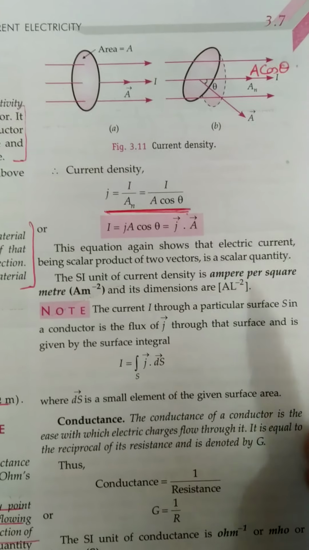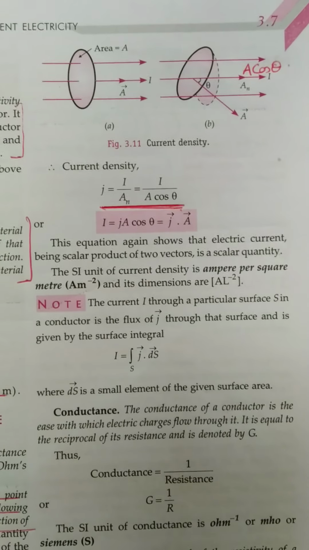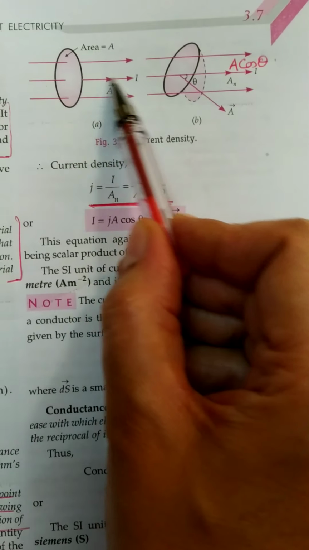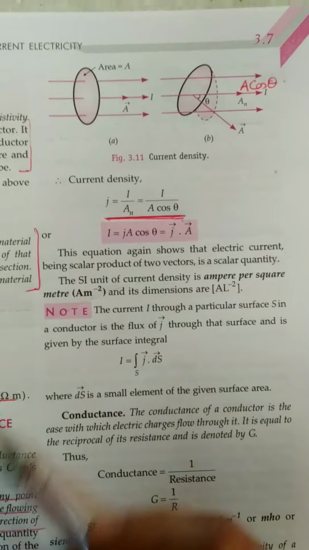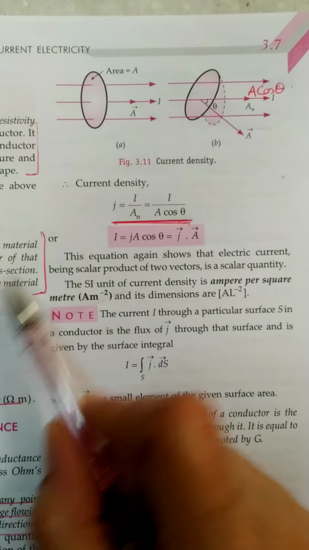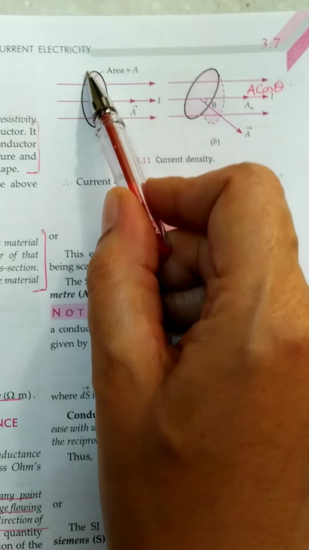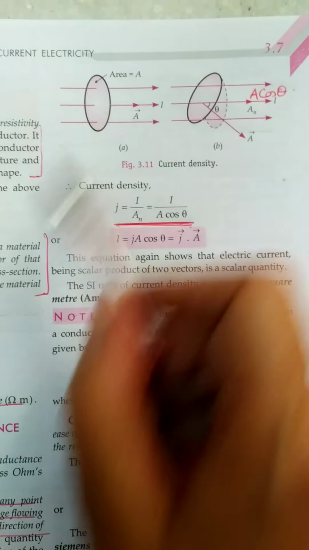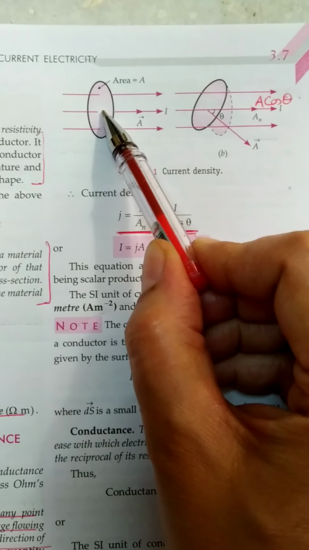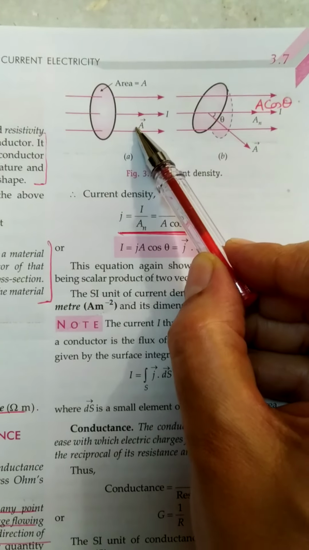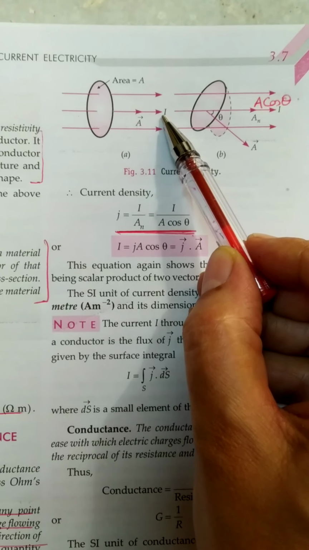बच्चे आप एरिया वेक्टर बारे पहला चैप्टर 1 च कर चुके हैं. Area vector is always directed normal to the surface. Here are 2 examples. Number 1, the current is flowing perpendicular to the surface. Area vector is also acting perpendicular to the surface, means I and A both are in the same direction.